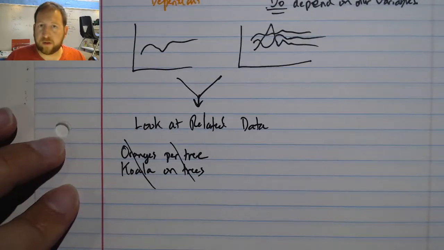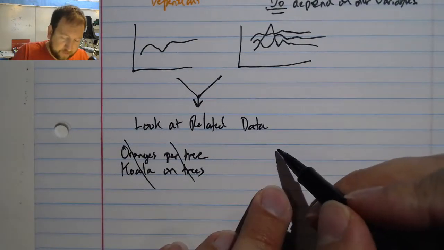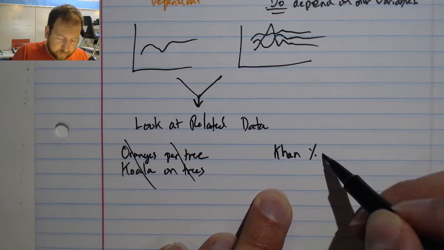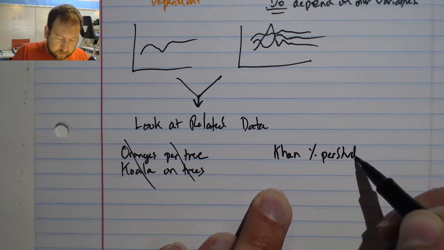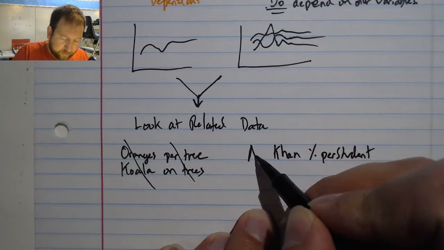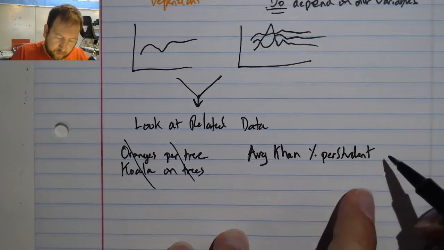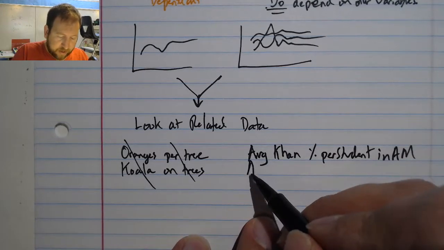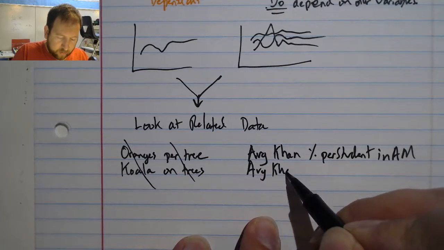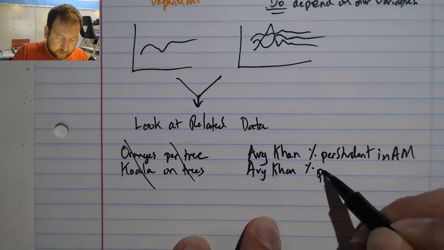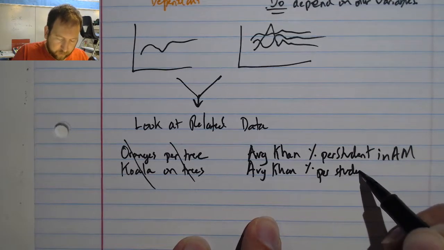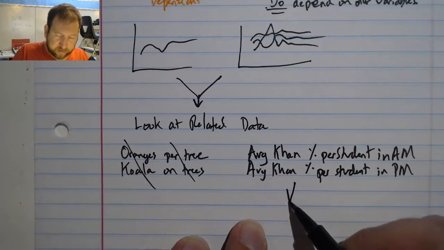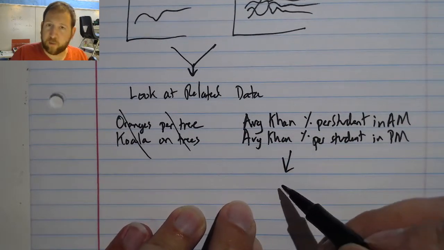However, something that I could graph and compare is my con percentage per student, let's say my average, in my AM class versus my average con percentage per student in my PM class. And if I looked at this, it could tell me my most hardworking class.